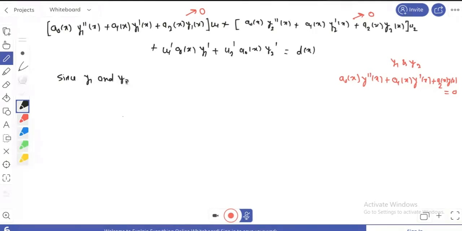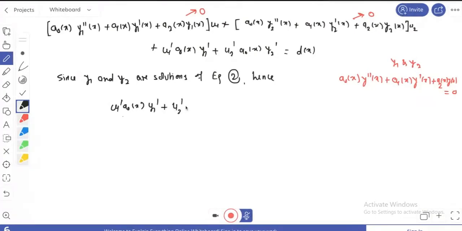So we write: since y1 and y2 are solutions of equation 2, we get only this part, which is u1' a0(x) y1' plus u2' a0(x) y2' equals d(x).